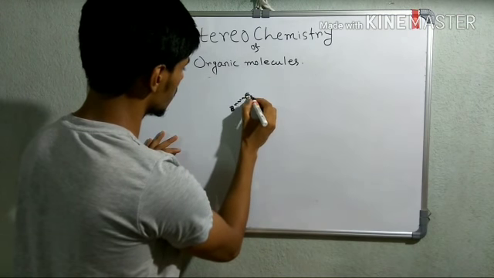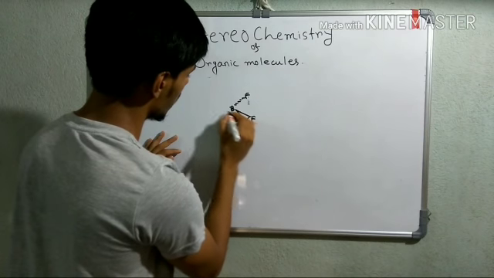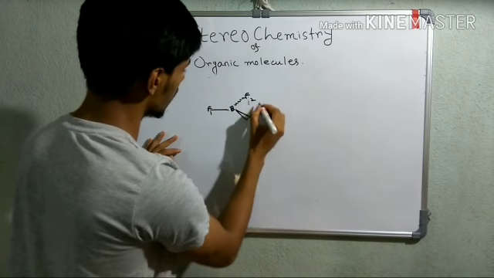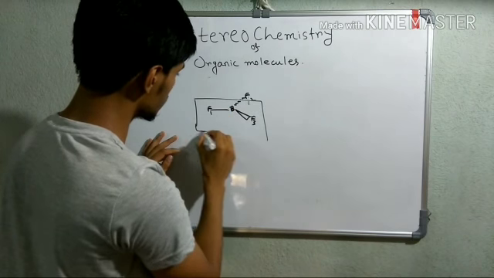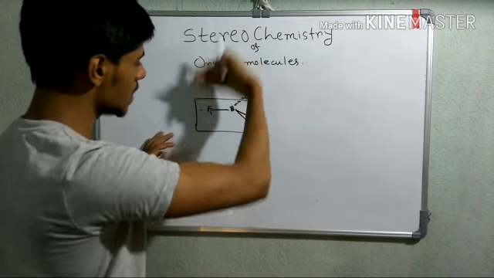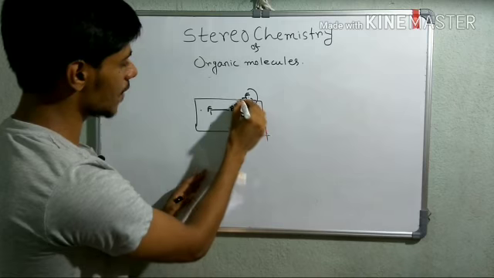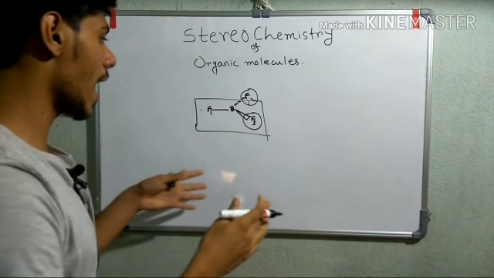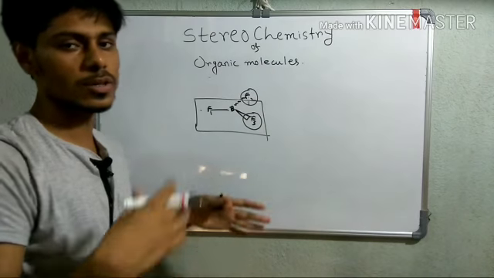So this is your BF3 molecule, F, this is another F, and this is your F. So this is F1, F2, F3. Now let's say you consider a plane like this, which is bisecting this BF bond, which is along this BF bond. So now you can see this F3 and this F2, one acts as object and one acts as mirror image of that object.